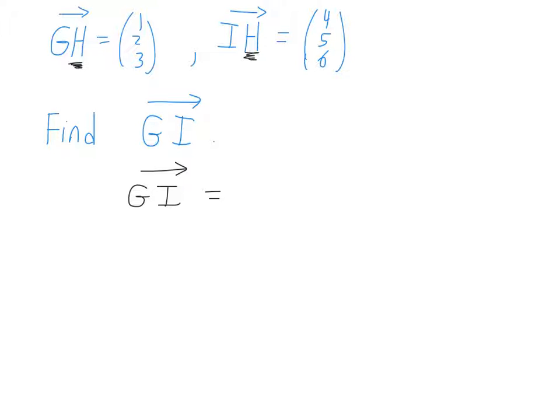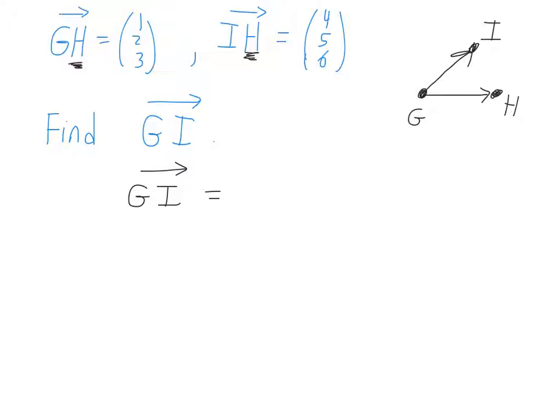If we were to pretend what's happening here, just to get a feel for it, pretend that this is G and this is I in space. We know that we need to go from G to I. Well, we have this other point H somewhere out there that we can travel through.